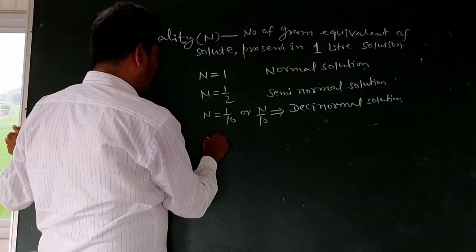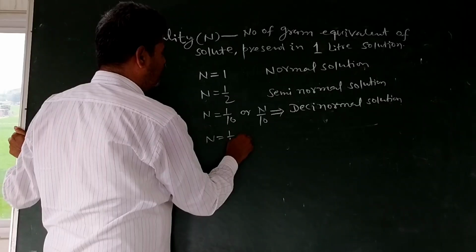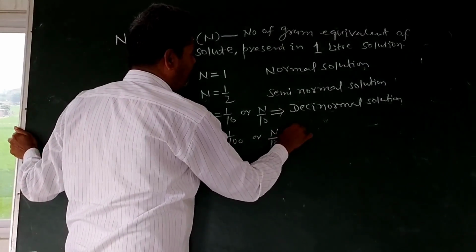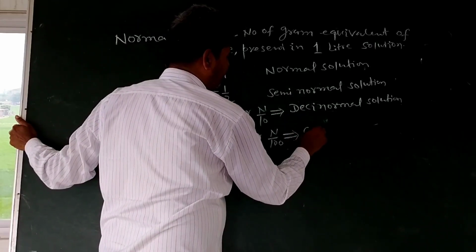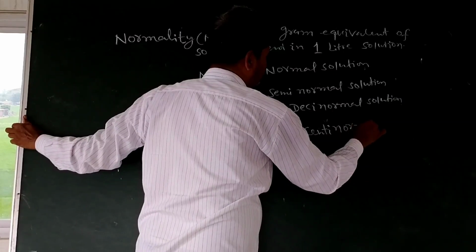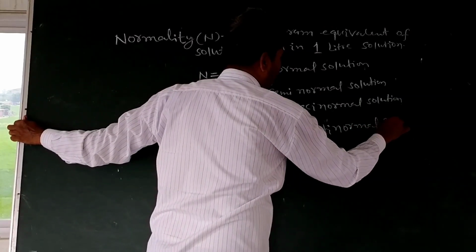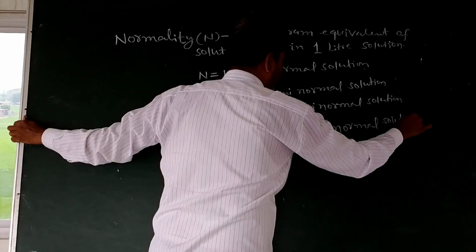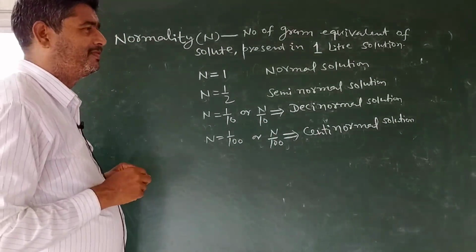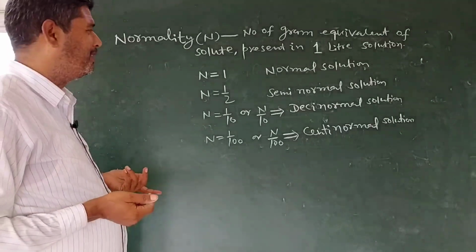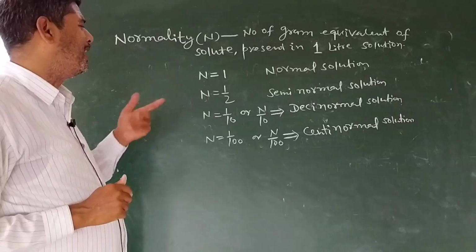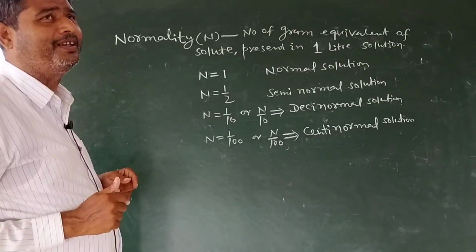And N equal to 1 by 100 or simply N by 100 implies centinormal solution. This is also true for molarity. If molarity is 1, then it is a molar solution. Molarity is half, semi-molar solution, M/2.